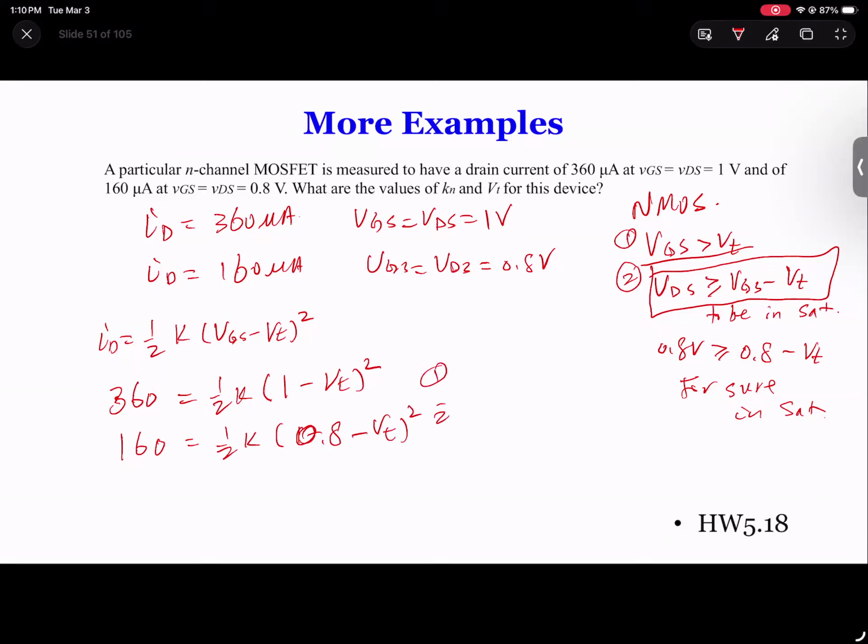So you have two equations. When you solve for K, it's going to be in microamps per volt squared. If you count in milliamps, it becomes 0.36 and 0.16, and the result is going to be in milliamps. Just keep in mind that the units on the right-hand side of the equation give you the same on the left-hand side.